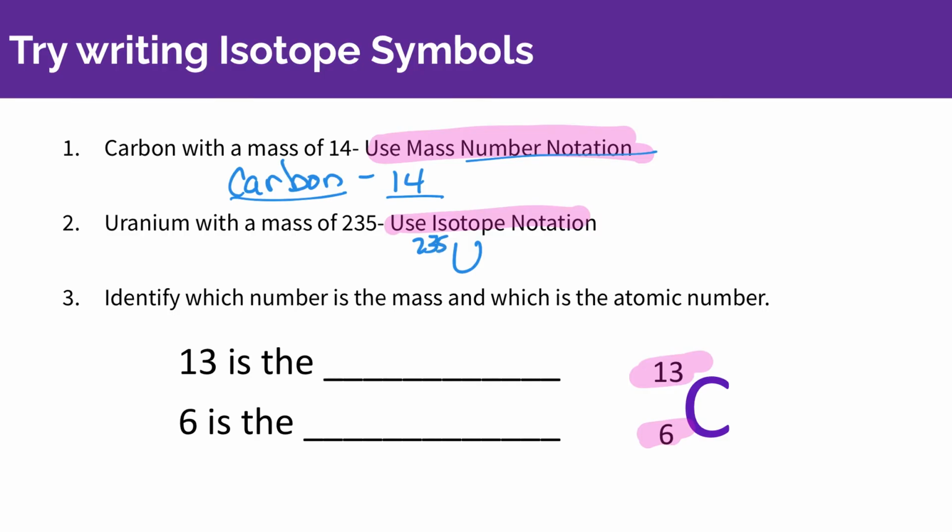So the atomic mass of uranium is 235 on this one. The atomic number is 92. And then number 3, identify which number is the mass and which is the atomic number. 13 is the atomic mass. And then 6 is the atomic number.